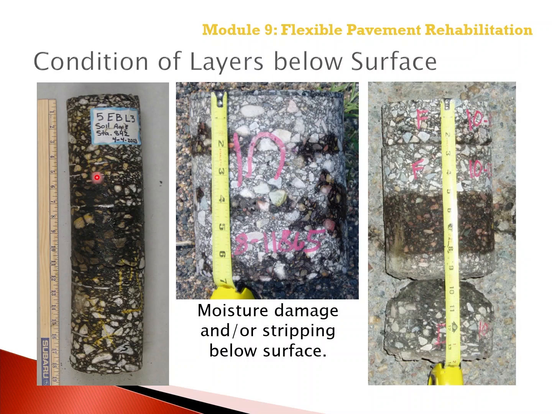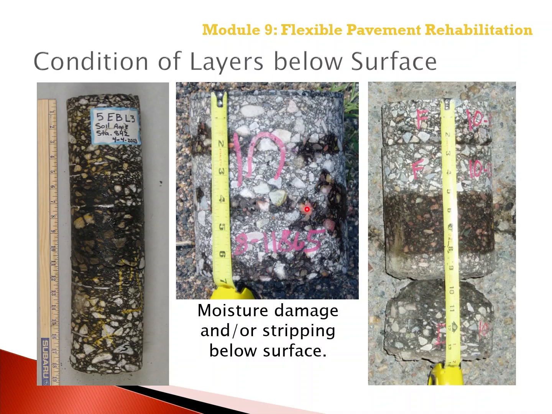So these dark areas for this core is moisture damage in which the back calculated layer modulus is a lot lower than the intact material, which does not distinguish moisture damage in the underlying layers. Again, the darker areas as well as the bottom of the core shows moisture damage, and then mixture disintegration and or stripping in the lower layers.